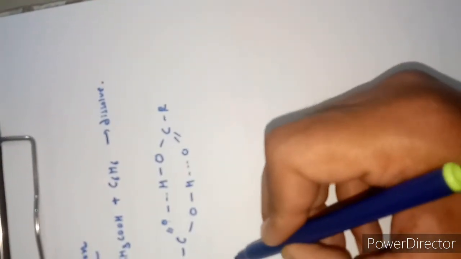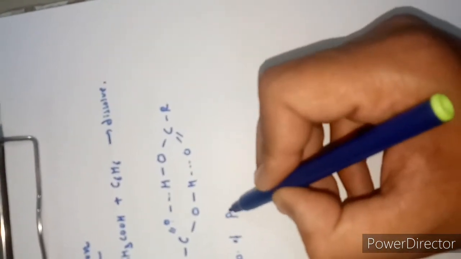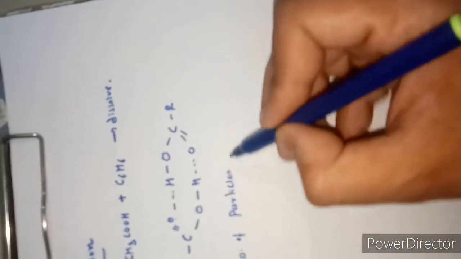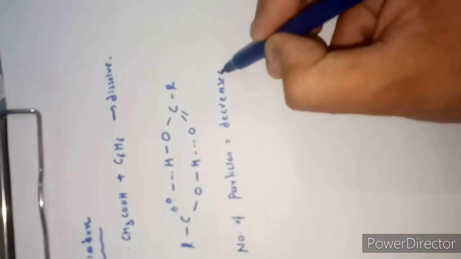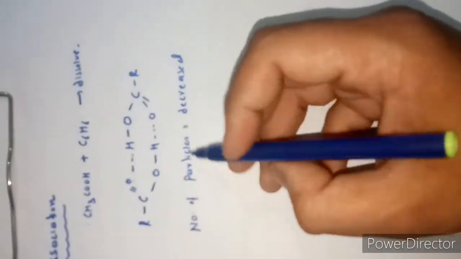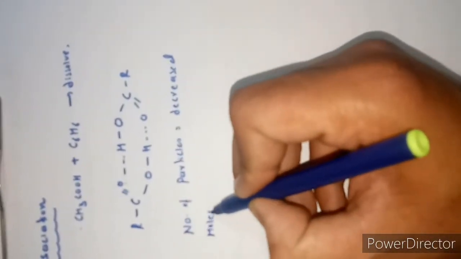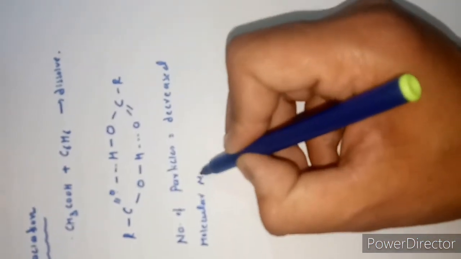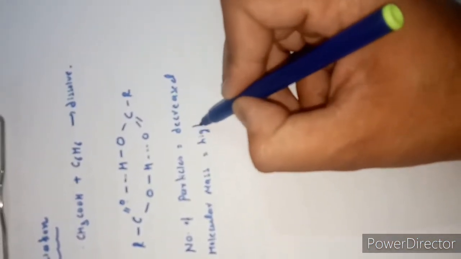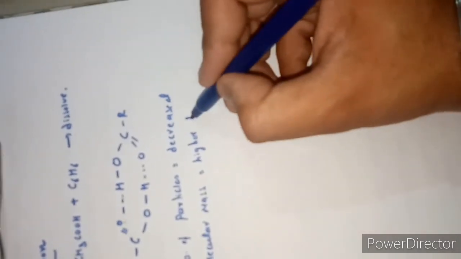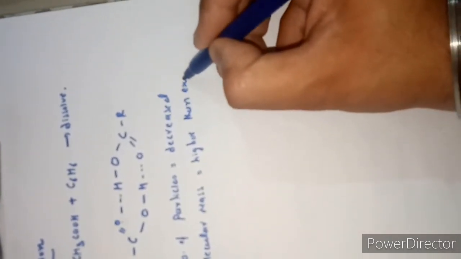So the number of particles is decreased, and the molecular mass would be higher than the expected value. Clear?